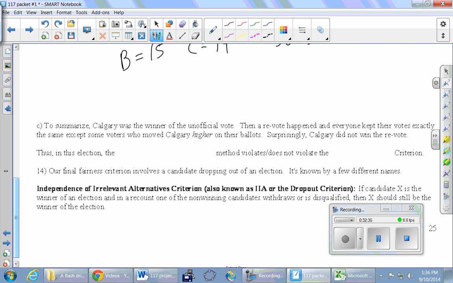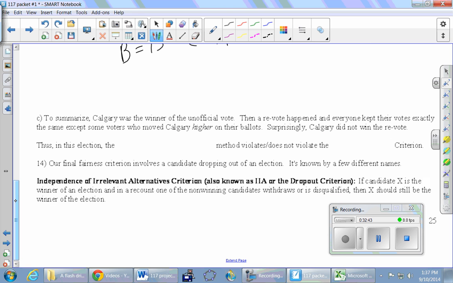Megan, could you read part C, please? Okay, so we're filling in the blanks. We had a certain vote counting method. There are 4 choices.